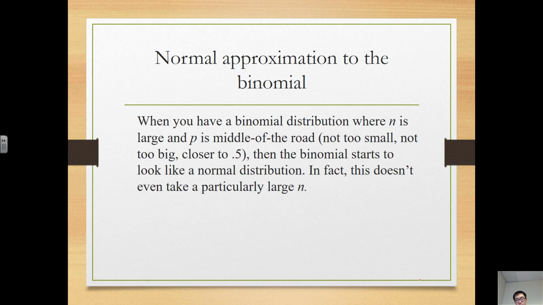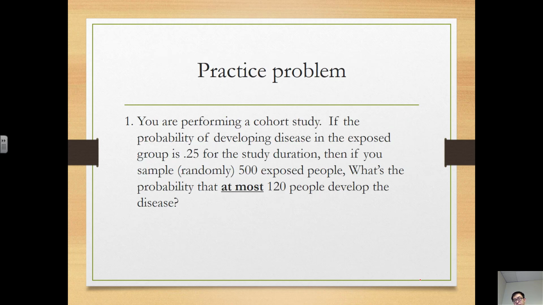If n and p are middle of the road, not too large or too small, then you can use the normal distribution to approximate it. Why do we use the normal approximation? Because the binomial distribution is kind of hard to calculate. We use a practice problem to help you understand why we use the approximation.